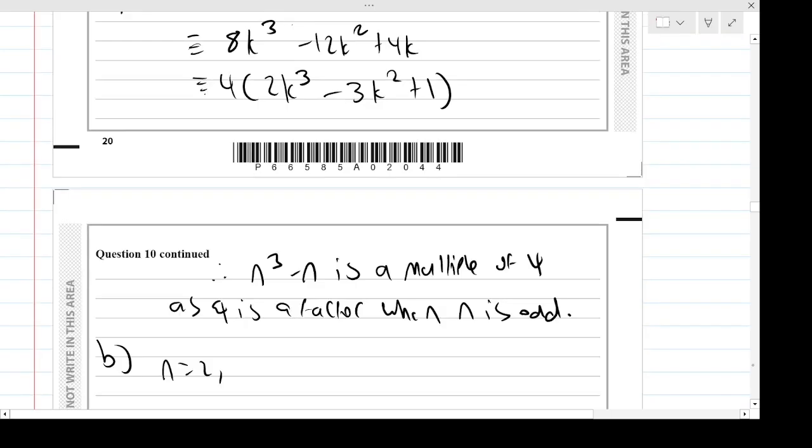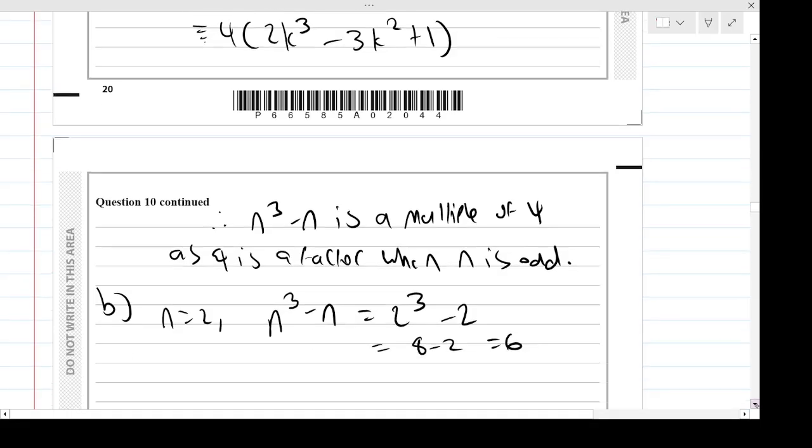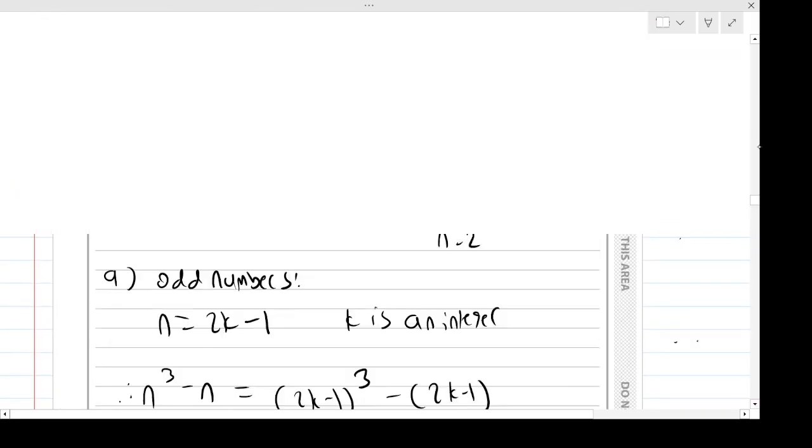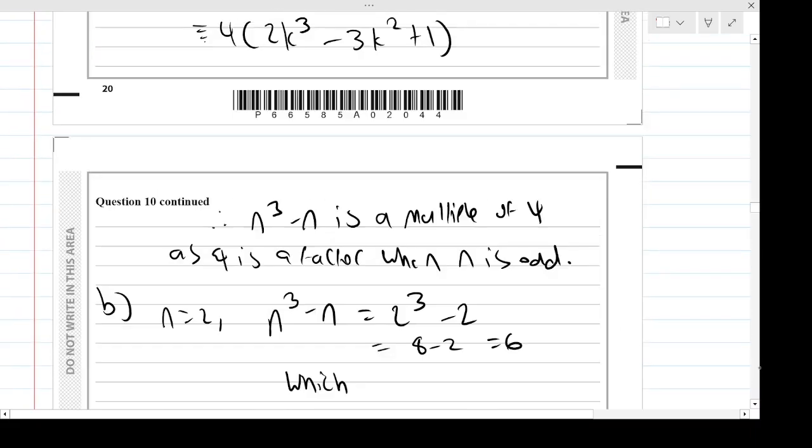If n is 2, then n cubed minus n is 2 cubed minus 2, which is 8 minus 2, which is 6. But that's not a multiple of 4. 6 isn't a multiple of 4, because 4, 8, 12, 6 is not in the 4 times table.